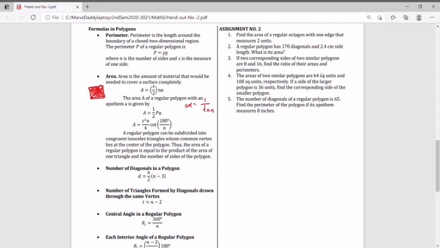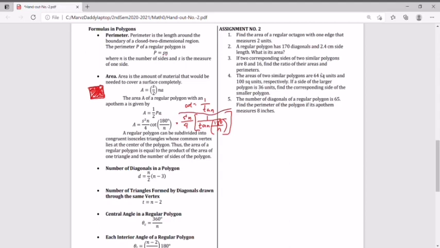So, kung kaning cotangent 180 over N, that is simply S squared times N over 4, and then 1 over tangent of 180 over N. So, ninaon mo pag-calculate.